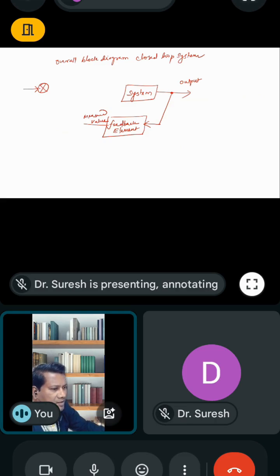This summer is called the error detector because it gives the deviation between input and output. The input we can also call the desired value.